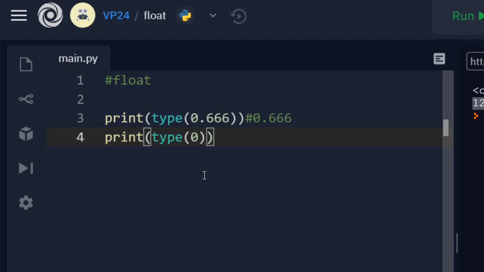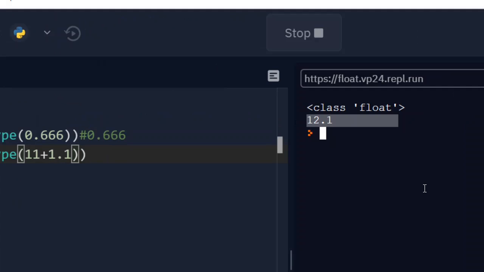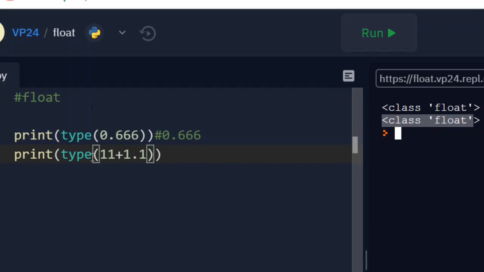Let's do another interesting thing, guys. If this was 0 and we wanted to add something like 11 plus 1.1, and we wanted to know the type of this, if I run this, did you see that? We got class float, right? So how does this become class float? Well, let's check it out.